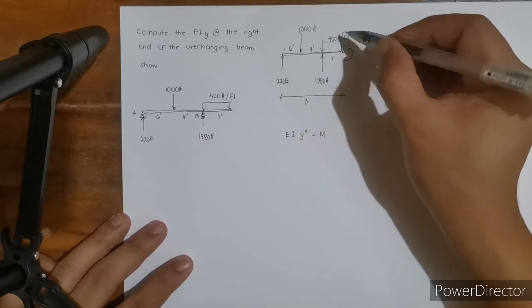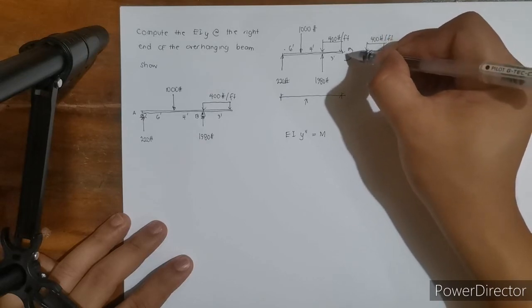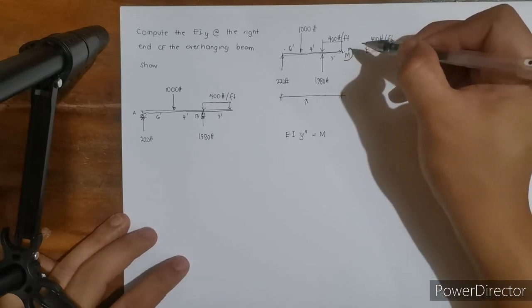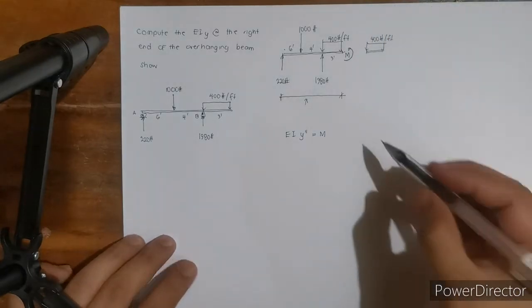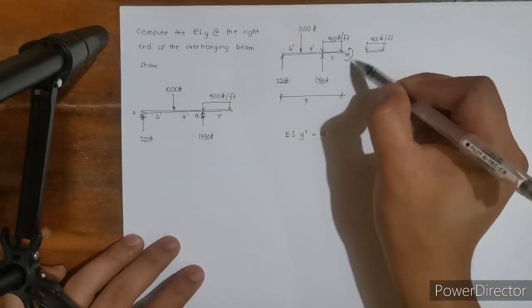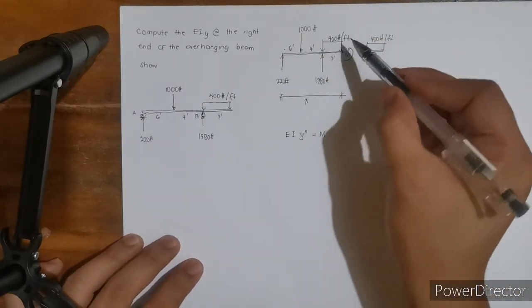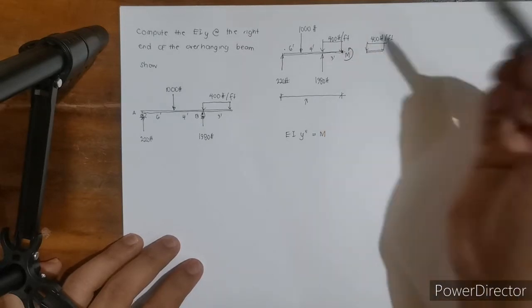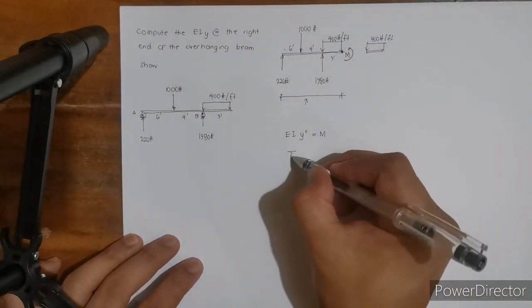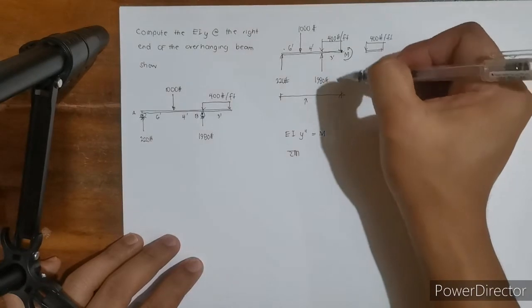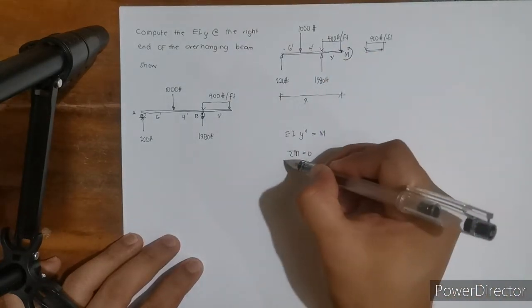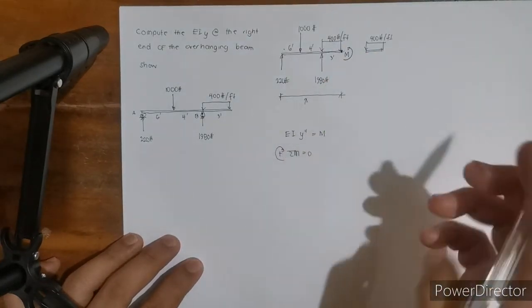Yung moment na pupunta dyan is counterclockwise dahil yun yung kanyang positive direction. Okay, so para makuha mismo yun, yung moment na yan, we will just take summation of moment at this point. So, taking summation of moment at this section part equivalent to 0, clockwise motion is positive.